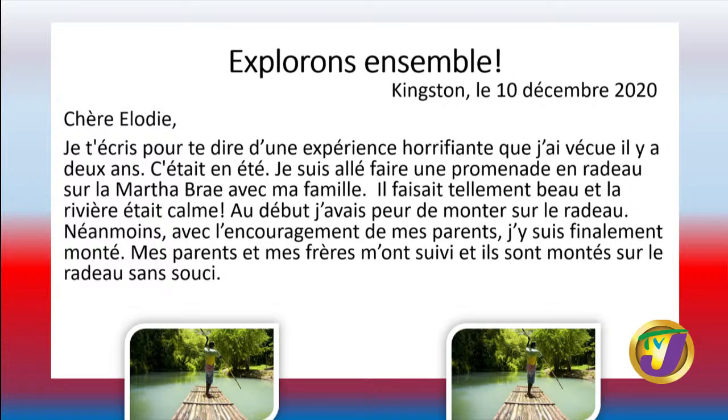It's an avoir verb. But the reason why we have the E is because when you have a direct object coming before the avoir verb in the passé composé, you have to make the agreement. In this case, it would have been replaced by que. So it says, une expérience horrifiante que.